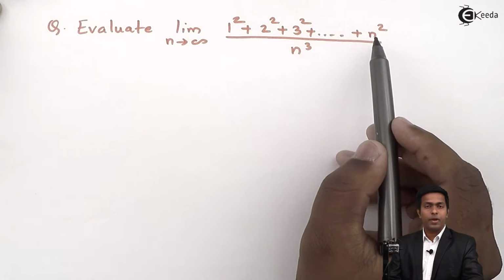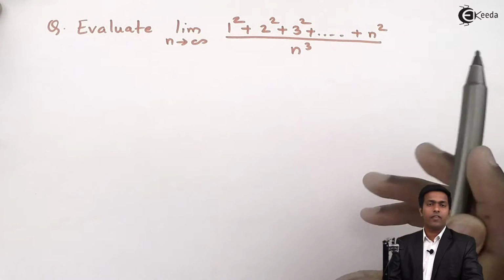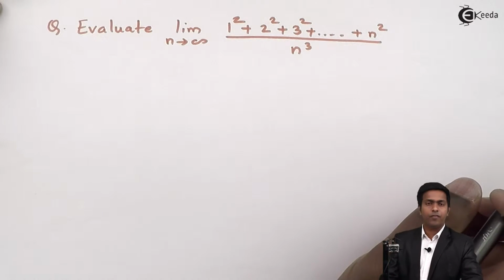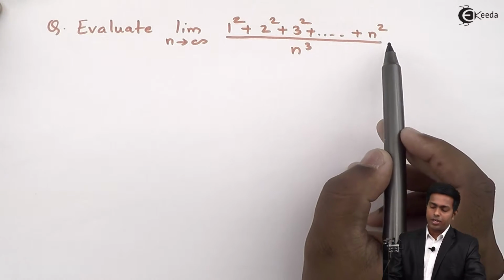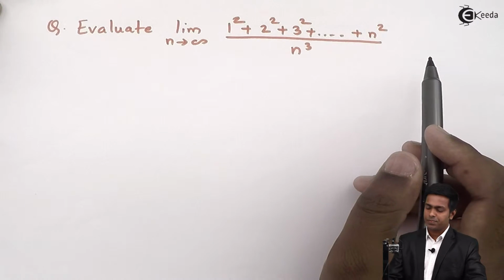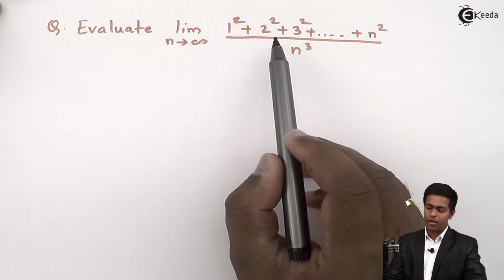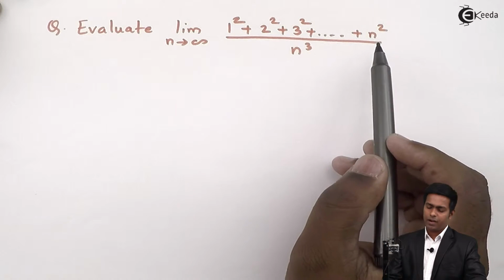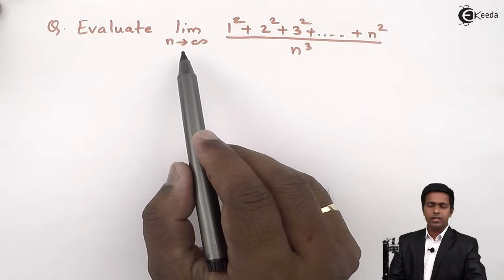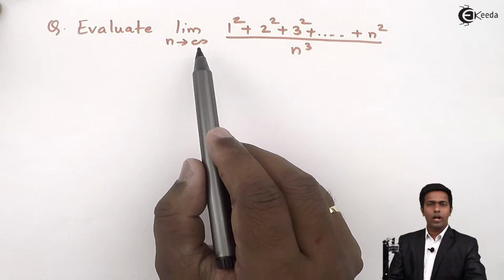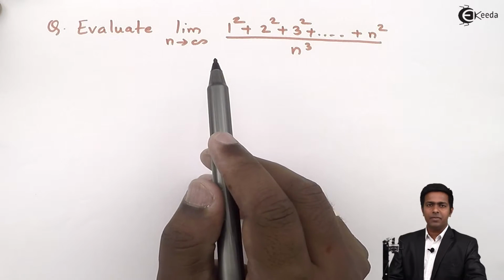That means the summation of squares of n terms, and we have a formula for it. So first of all, I'll substitute the formula in the numerator, and after that, as we do, we will put n as 1 upon t to evaluate the limit.